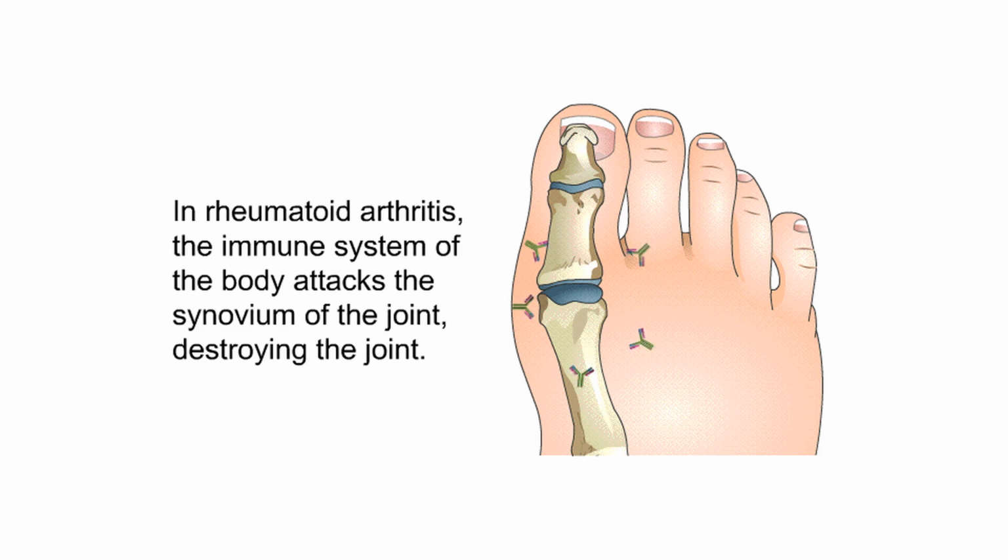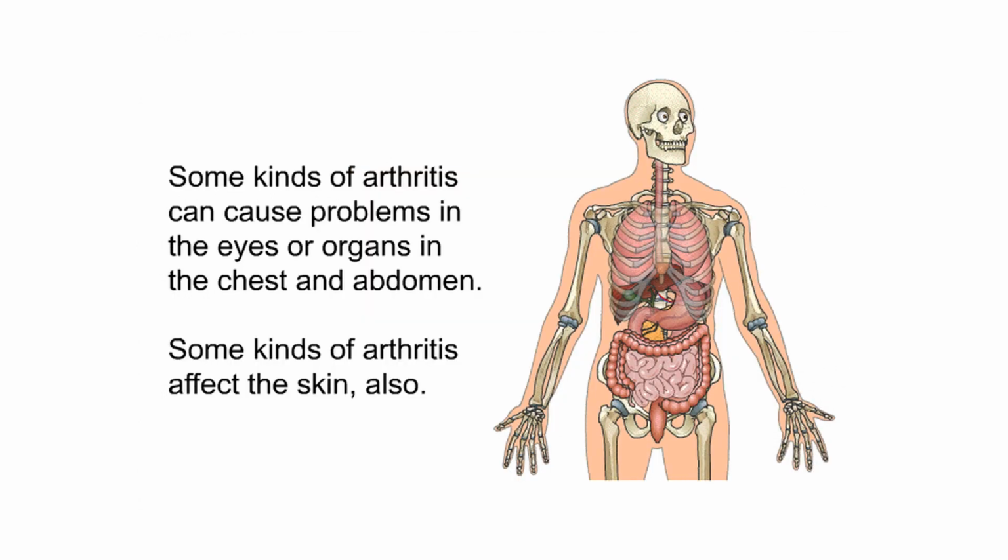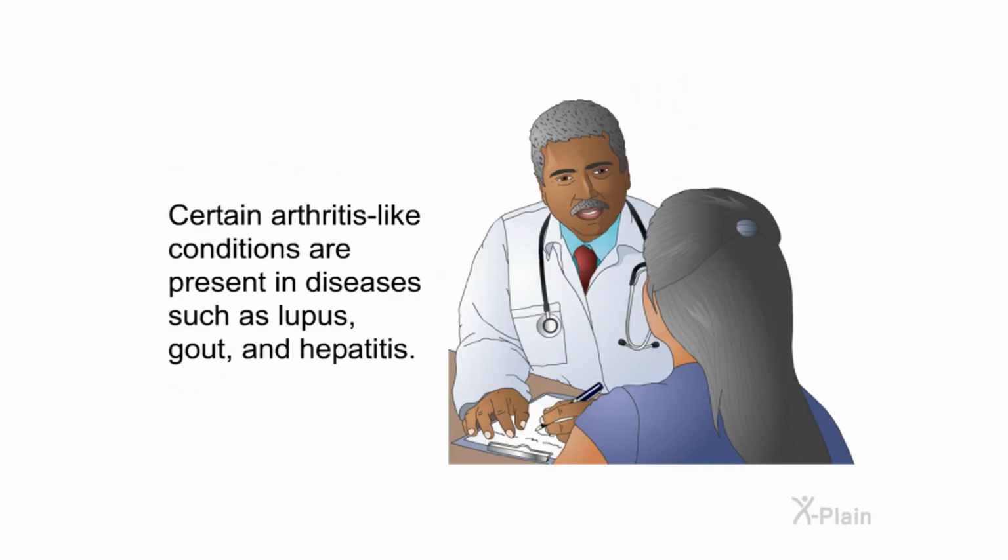In rheumatoid arthritis, the immune system of the body attacks the synovium of the joint, destroying the joint. Rheumatoid arthritis appears to run in some families. Some kinds of arthritis can cause problems in the eyes or organs in the chest and abdomen. Some kinds of arthritis affect the skin also. Certain arthritis-like conditions are present in diseases such as lupus, gout, and hepatitis.